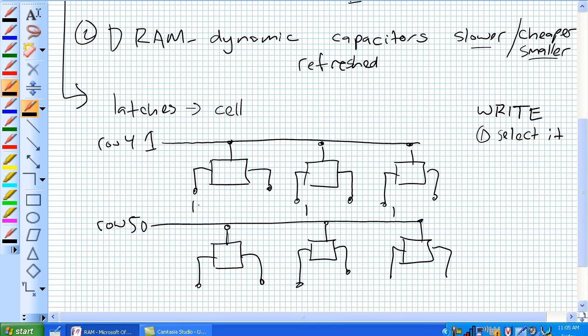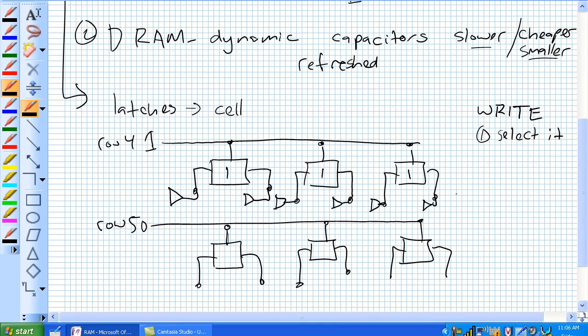We place our data on our D-ins, and it's latched into those guys. And if you remember right, how we're doing that is our input buffers right there, and our output buffers.